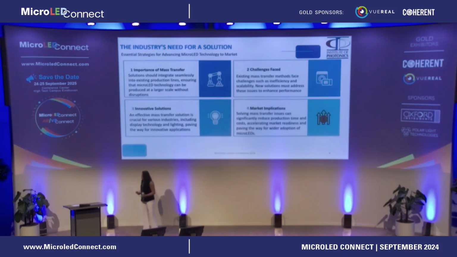Now, the greatest challenge in entering mass production is how to take a huge amount of these devices and place them on the target surface or circuit with high precision. But let's see where we are at the moment. Several mass transfer techniques have been proposed. Some of these we have already seen in wonderful presentations during the last 2 days, and they work in terms of accuracy and yield.